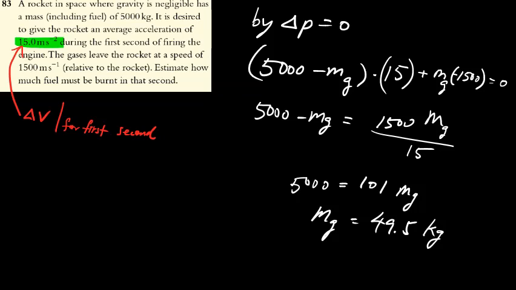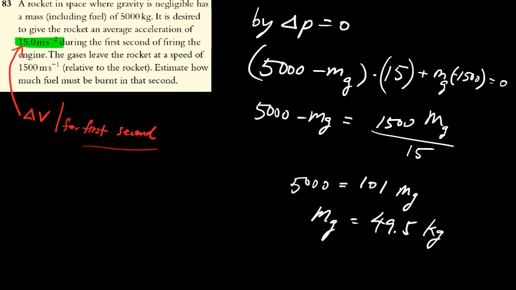For this one, it's very usual that we talk about a rocket and the fuel that they burn, and of course the way they burn the fuel is to push the particles backward so that the main body of the rocket can accelerate forward. The question only asks how much fuel must be burned in that second, to be more precise, for the first second.